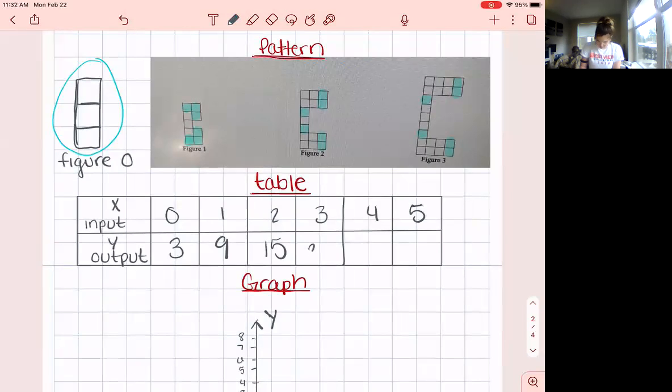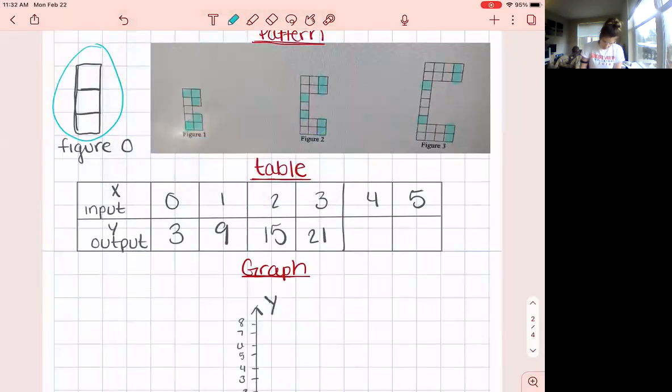Figure 3 will have 21 tiles. If we use this pattern, so here's figure 0, I'll circle it, and then we need to figure out what this pattern is so that we can find figure 4 and 5, and we know from up top that we're adding 6 every time, plus 6 plus 6. So 21 plus 6 is 27. 27 plus 6 is 33.